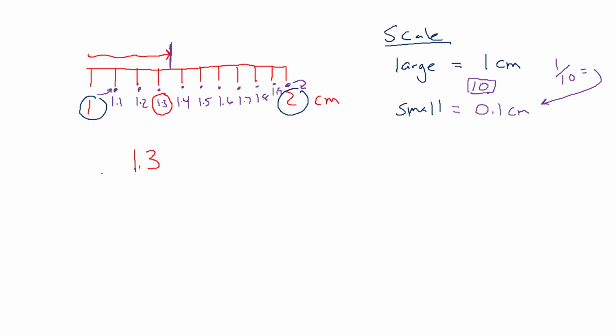Now, I could clearly see, I imagine everybody here could clearly see, that the arrow is not right on 1.3. So it's not exactly 1.3. It's not exactly 1.4 either. It is somewhere between 1.3 and 1.4. That right there is our uncertainty. That is our estimation that has to be made in this particular measurement.